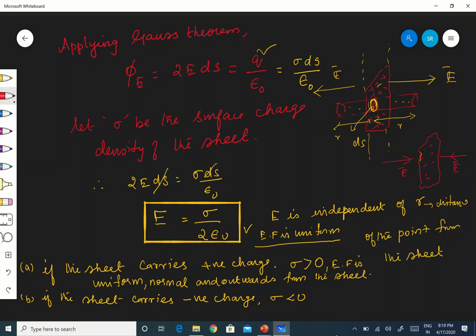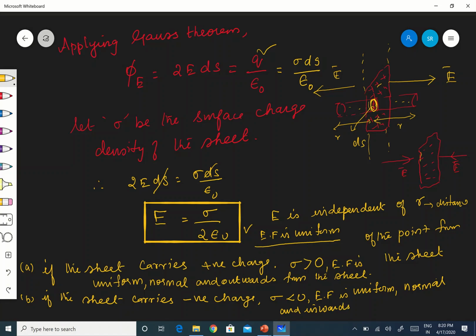Are you following? If negative charge is there, then once again the electric field is normal, definitely uniform, and along the inward normal, inwards. In the same way I will write here: uniform, normal, and inwards.